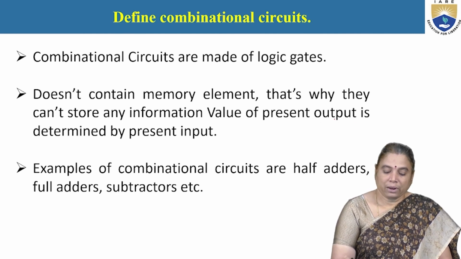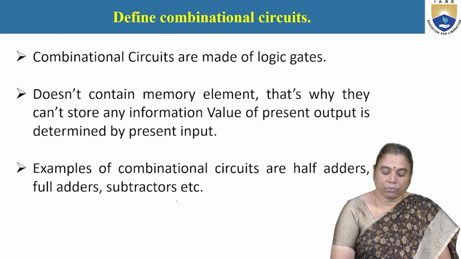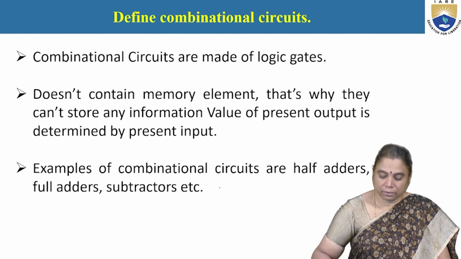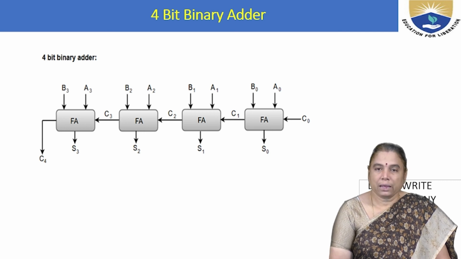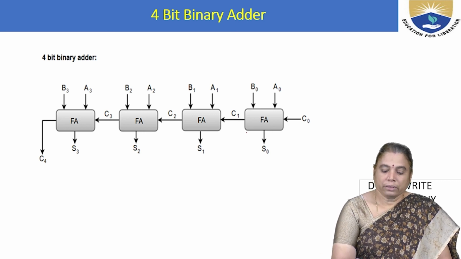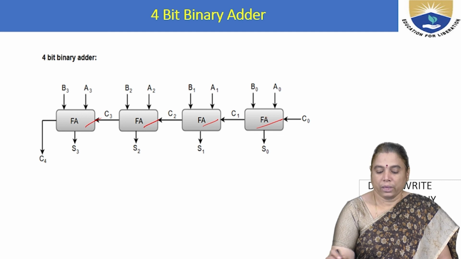The present output is determined by the present input. Examples of combinational circuits are half adder, full adder, subtractors. An example of one combinational circuit is the 4-bit binary adder. This adder circuit is fully constructed with full adders. No memory element is used here.